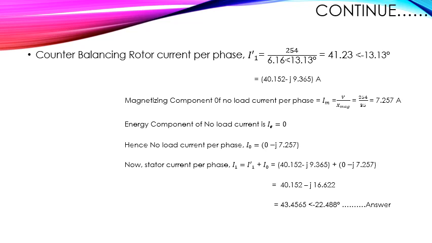Now stator current per phase can be calculated by taking the summation of I1 dash and I0. So I1 dash is 40.152 minus j9.365 and I0 is 0 minus j7.257. So get the result of that, and the resultant equation is 40.152 minus j16.622. So convert into polar form and get the answer of stator current per phase as 43.4565.